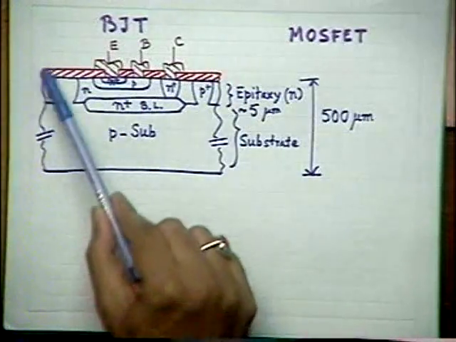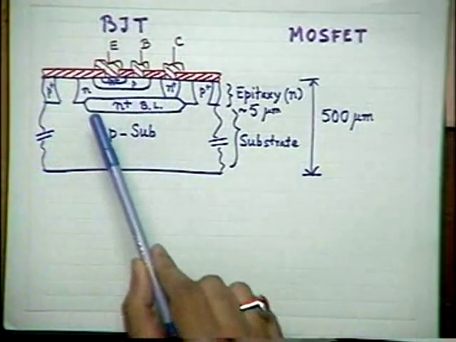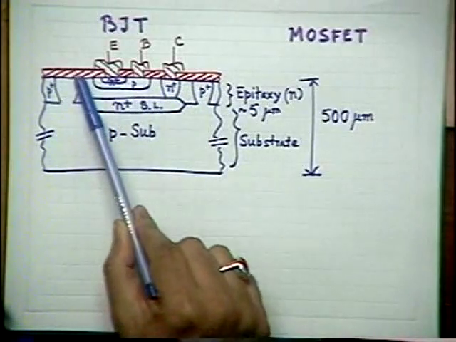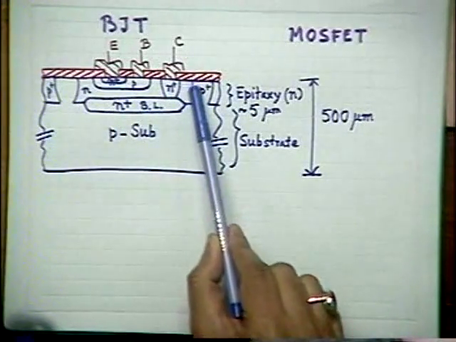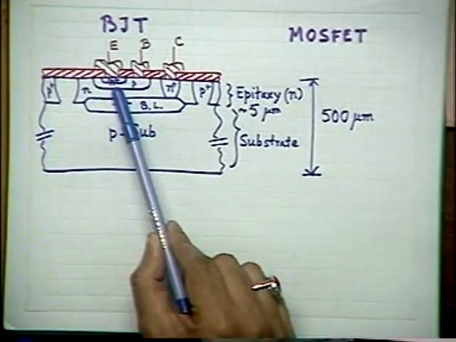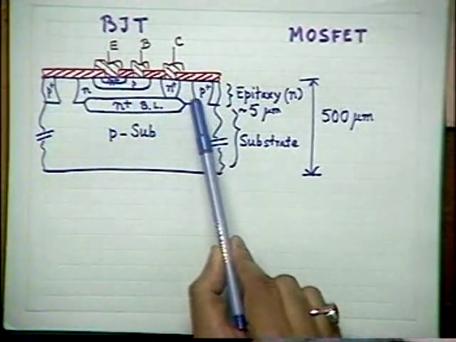Then the basic bipolar junction transistor, as you see here, is within this region, which is an island of N-type epitaxial film from here to here.